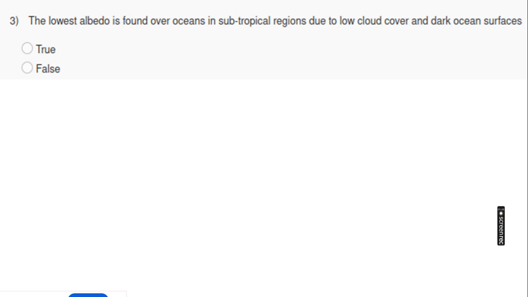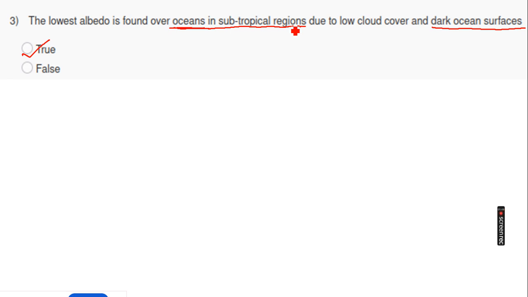This we already discussed. The lowest albedo is found over oceans in subtropical regions due to low cloud cover and dark ocean surface. So why do oceans have a lower albedo? Because ocean surfaces are very dark. And over the subtropical regions, if you remember, we discussed different atmospheric cells like the Hadley cell, Ferrel cell, and polar cell.